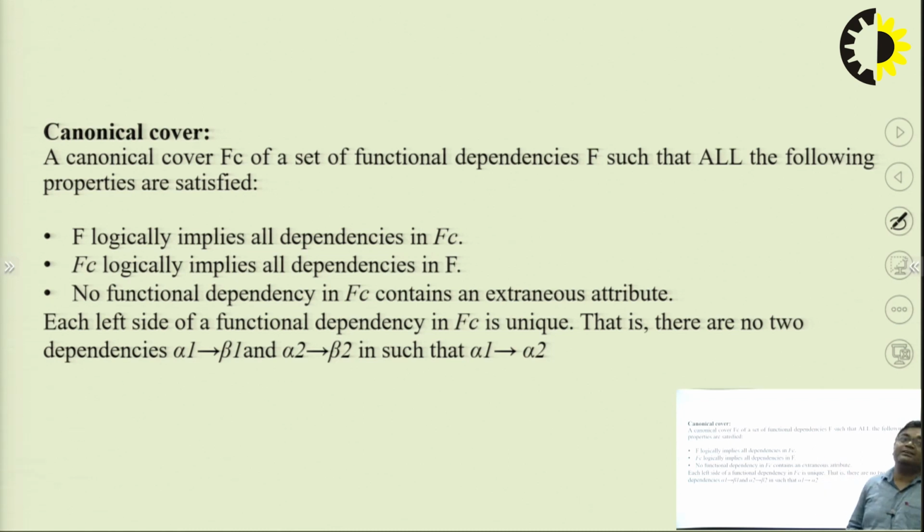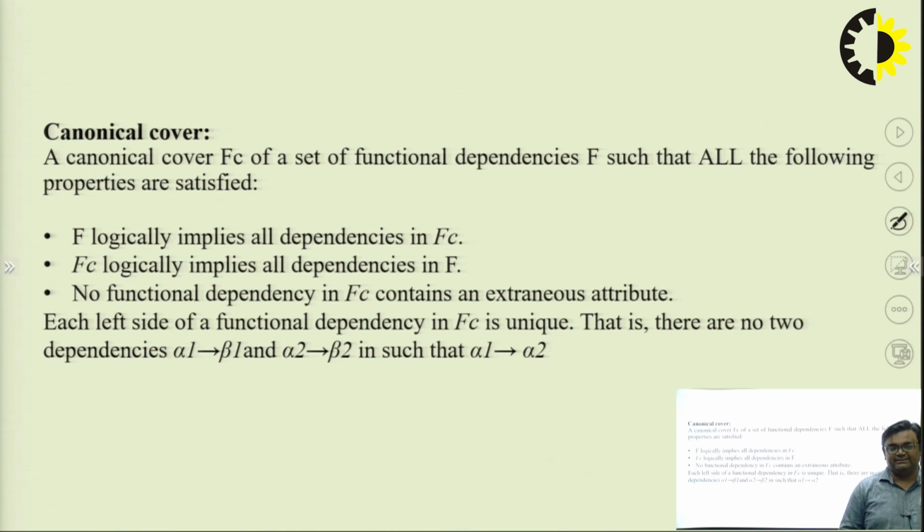Okay. Now, the definition of canonical cover. A canonical cover FC of a set of functional dependencies F is such that all the following properties are satisfied. What are the properties that we have to satisfy? First, F logically implies all dependencies in the canonical cover FC.